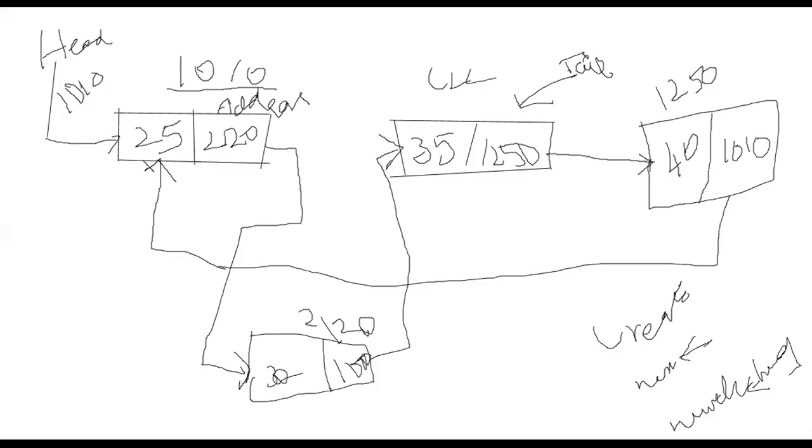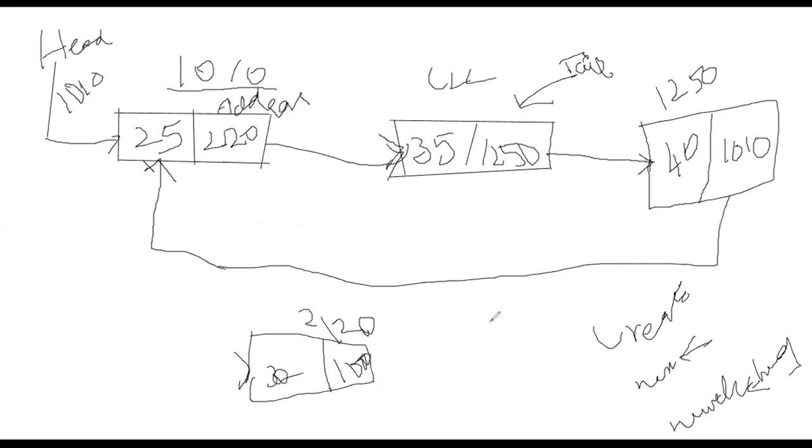Here, this and all I will erase. This is the node I wanted to add. I am not telling that simply, guys, you insert this 30 at the end, you will check the procedure I told you.